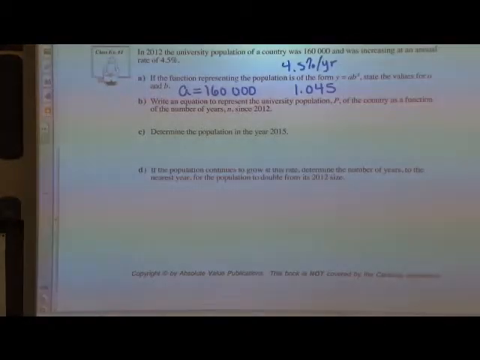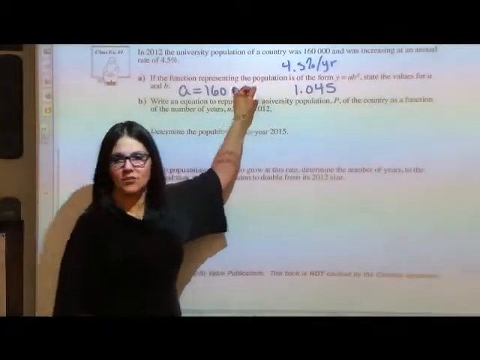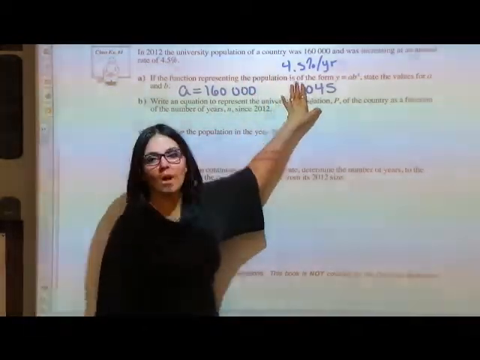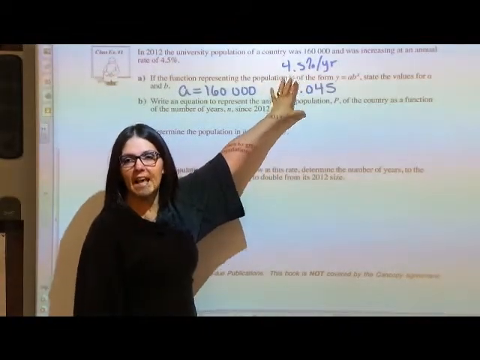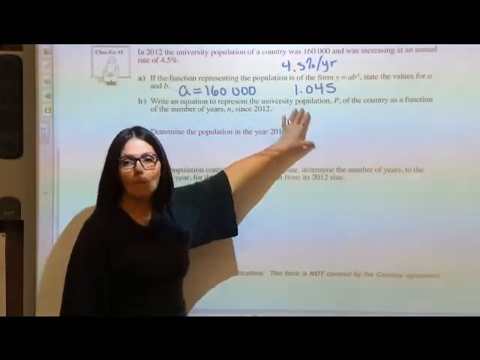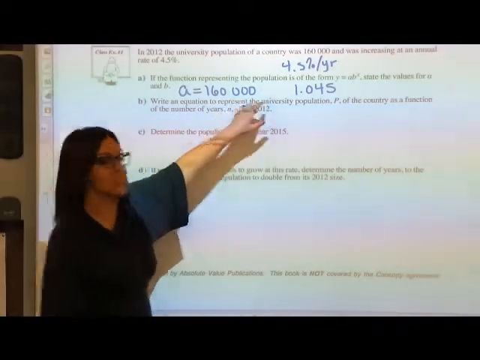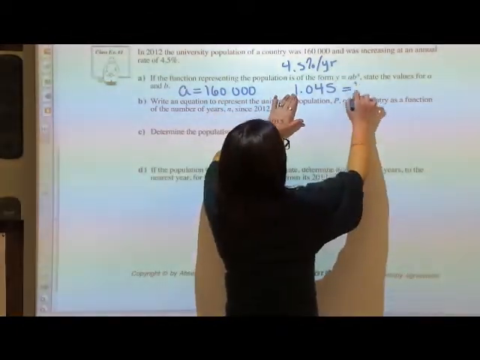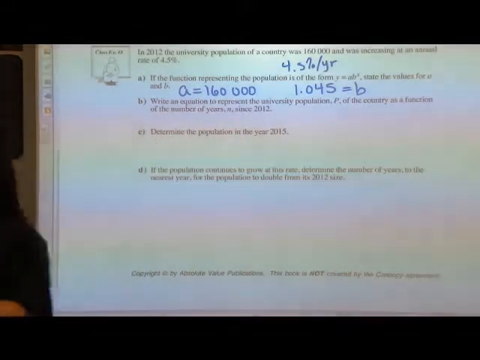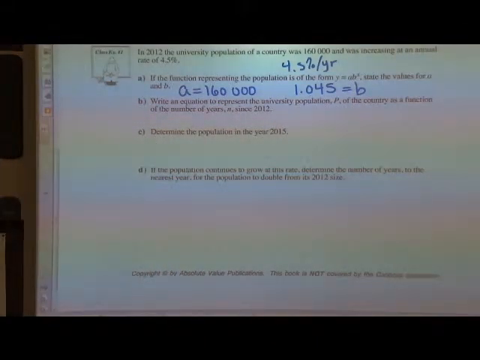Because if you just did the 4.5%, it would just be how much it grows by, and then I would still have to add that to 160,000. So putting the 1 in front of it is basically taking 100% plus the extra 4.5%. The 100% being the 160,000. So this 1.045 becomes my b value. That becomes my growth factor.